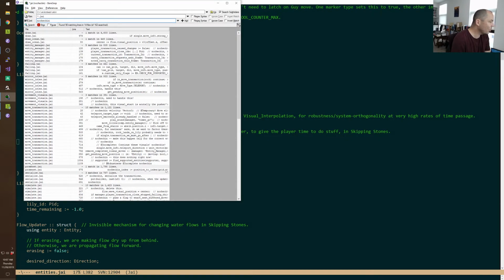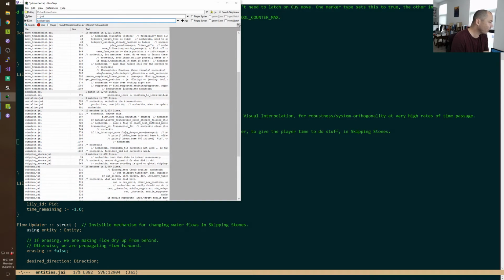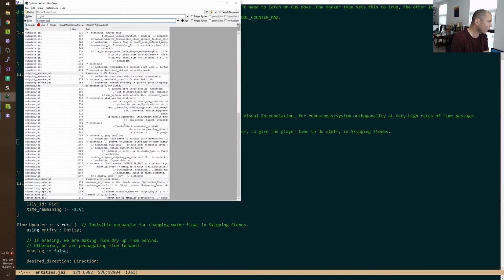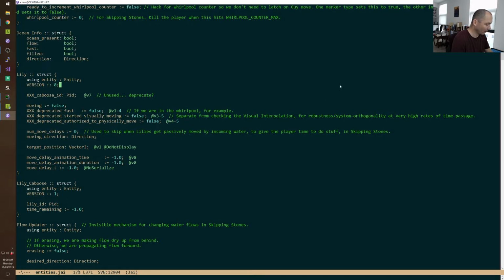Look at all these no check-ins we have from like a month of me just typing them randomly. Most of these are small, like delete this code or whatever. Why do we have no check-ins in the animation graph still?